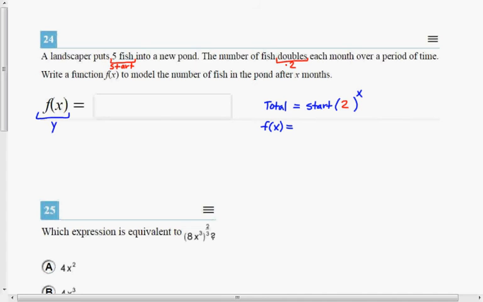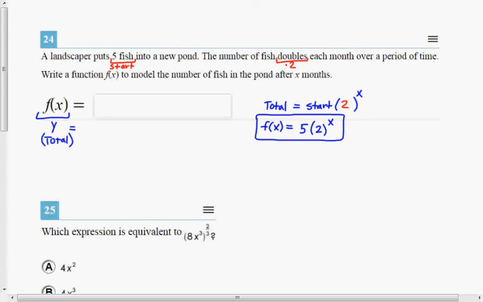That's the y in the equation. Okay, that's the total. And we can find the total by taking the starting amount, which is 5, and multiplying it by 2, x number of times. All right, that's what the equation would be to model that exponential change. Take your 5 fish and times it by 2 each month.